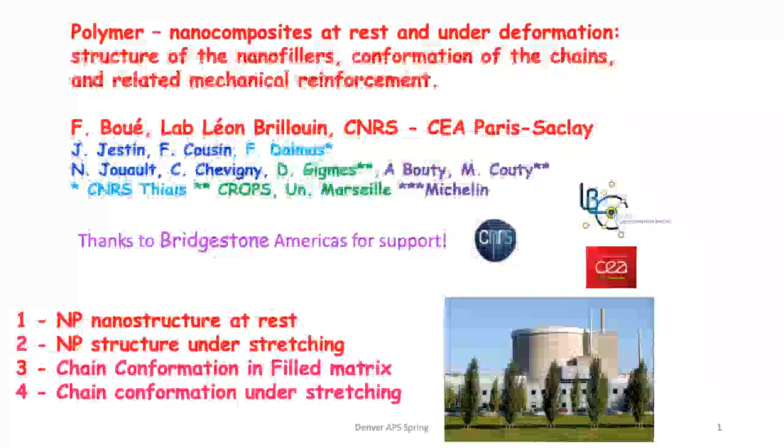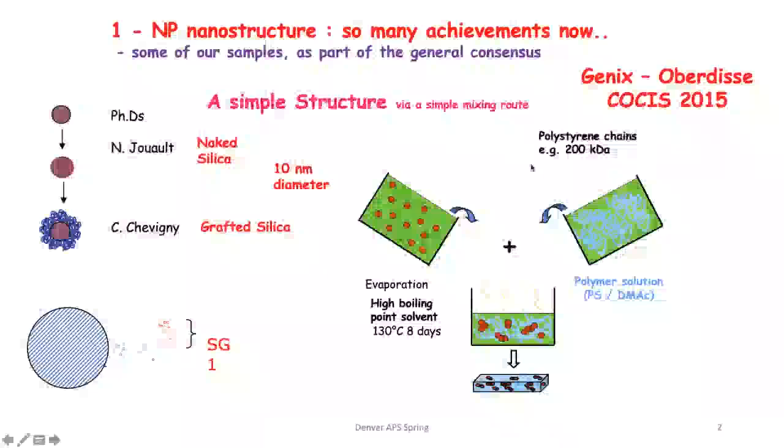And so the idea is that I discuss nanocomposites at rest and under stretching. And actually, I think that I have more to say about the stretching case, because the nanoparticle nanostructure at rest is, I think, now consensual.